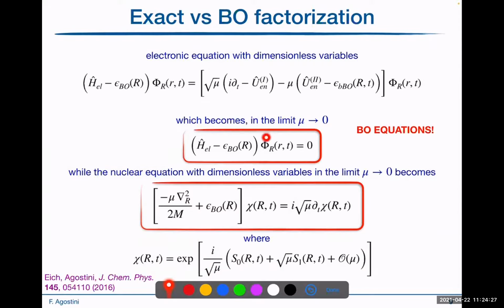The electronic equation is static, and the nuclear equation remains an evolution equation, so it's still a dynamical equation, where the effect of the electrons is contained in this static potential. So we basically showed that Born-Oppenheimer can be derived from the factorization by taking the mu to zero limit, which is the infinite nuclear mass limit.